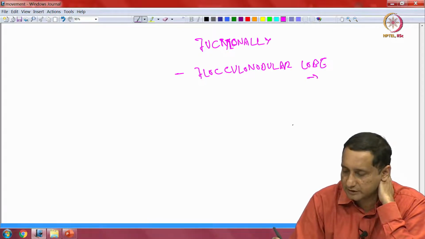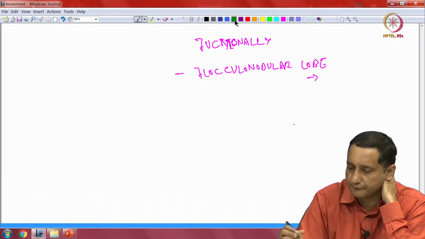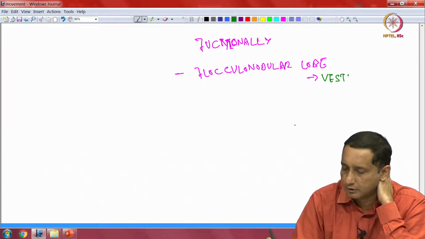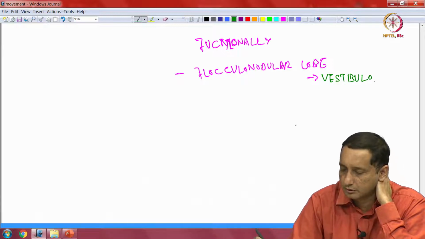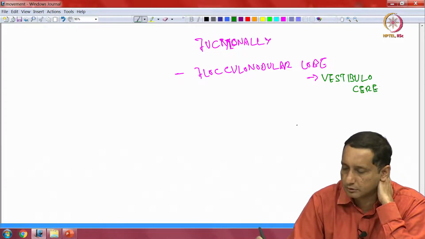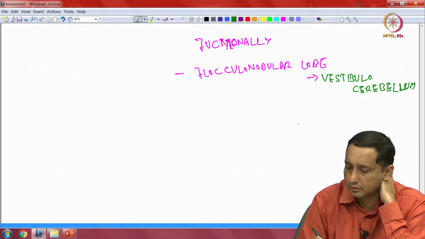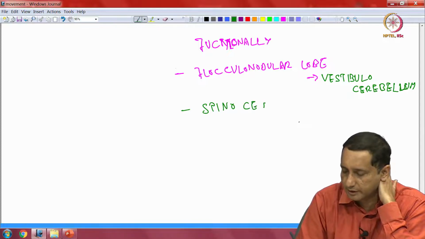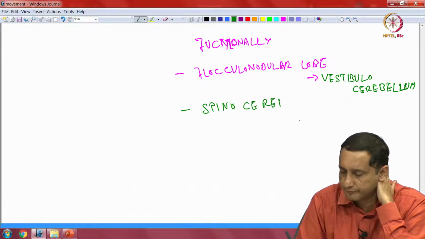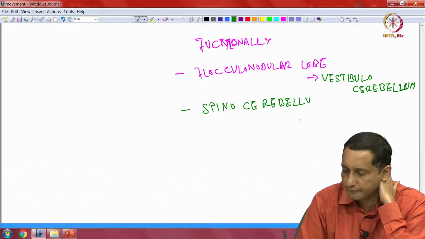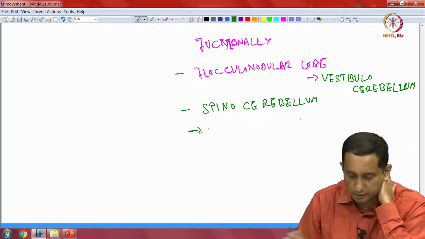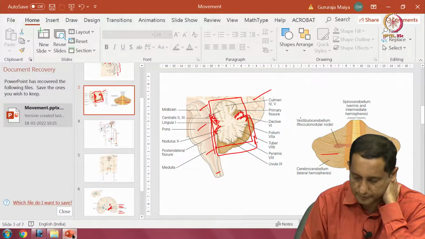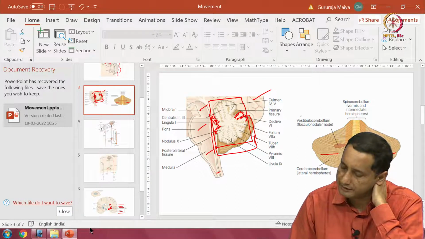So, that is vestibulocerebellum, then spinocerebellum, and I think I should take the help of the diagram, and cerebrocerebellum.